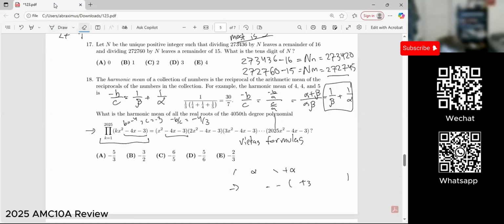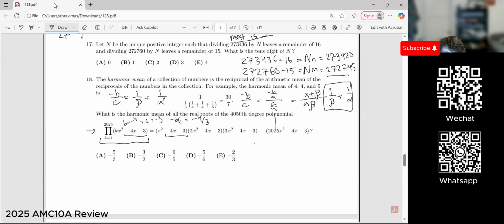So all of these polynomials may have different roots, but their sum is always going to be minus 4/3. Okay, and so we have 2025 times 2 real roots, and the sum of their reciprocals is going to be 2025 times minus 4/3.